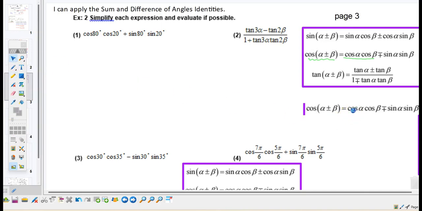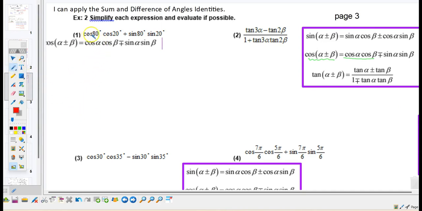So that's why I had this little screenshot underneath. See how that lines up like this? So to condense this long expression, we're going to match that to the cosine sum or difference with adding here. That's the bottom symbol. So we're going to condense with this bottom symbol.